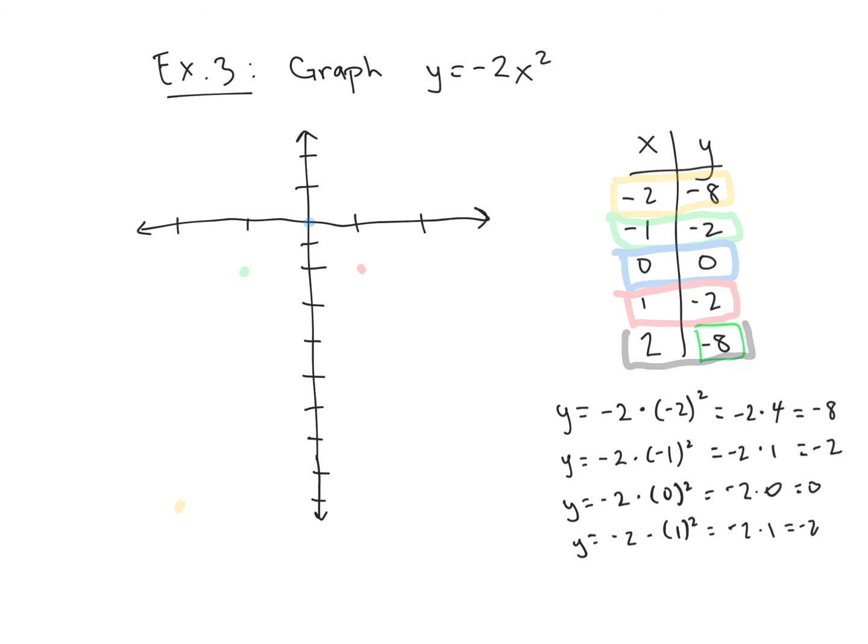And 2 and negative 8 is 2 to the right and 8 down. And then we're going to draw our smooth curve through here. And that graph will do it for us.